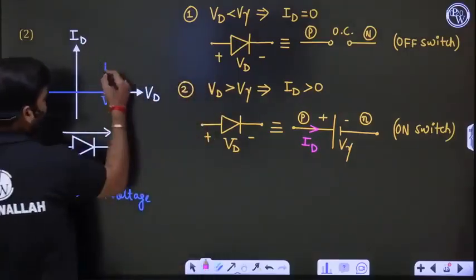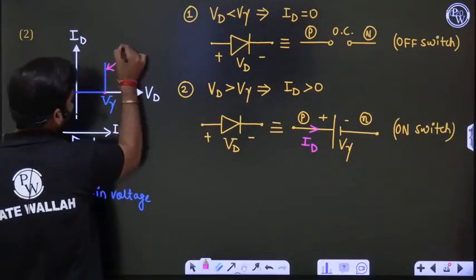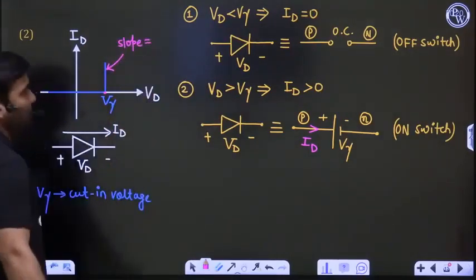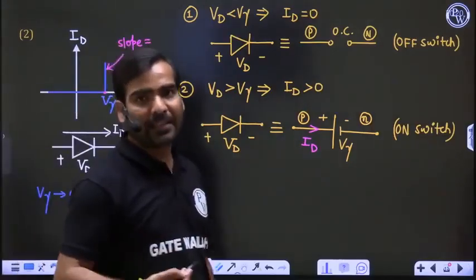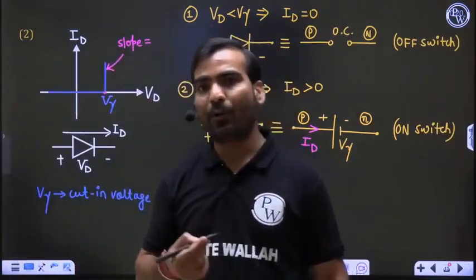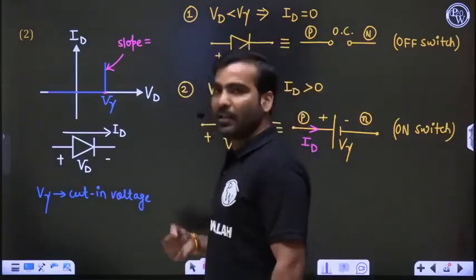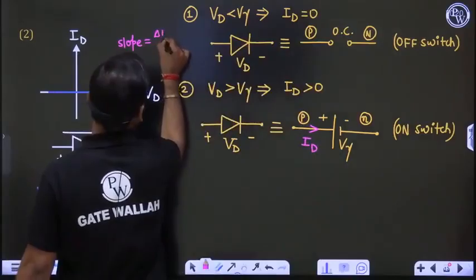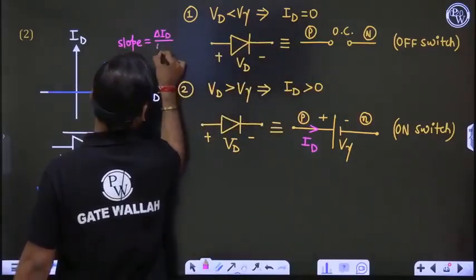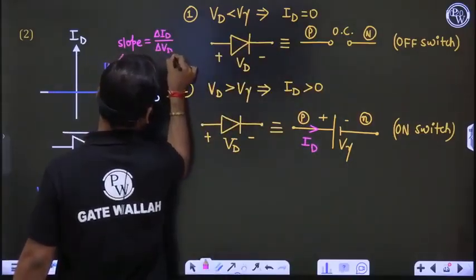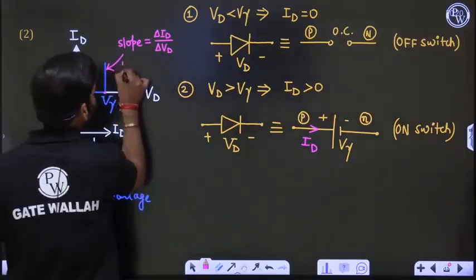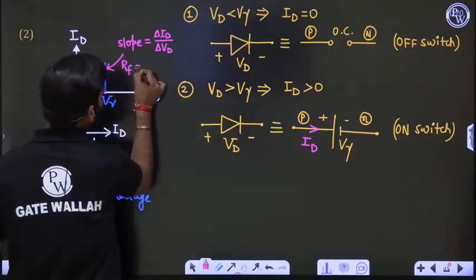Now the question is, again, what is the slope over here? What is the meaning of slope? Slope means, from ninth class, delta y upon delta x. What is delta y? Delta Id upon delta Vd. Okay, slope. Okay. Sir, what is resistance? Suppose resistance, name I am giving RF.